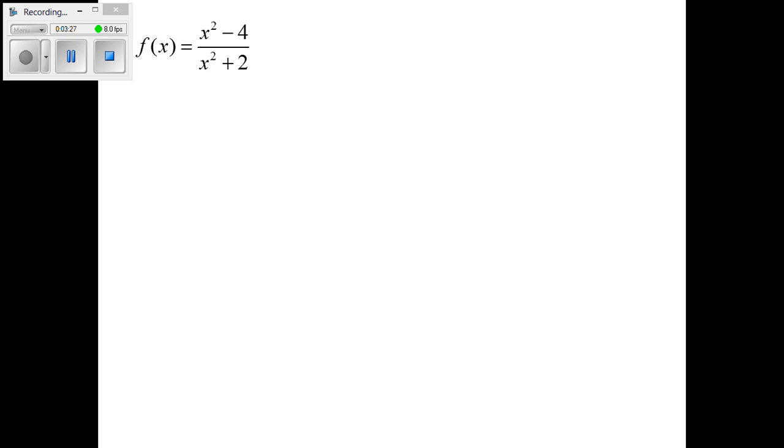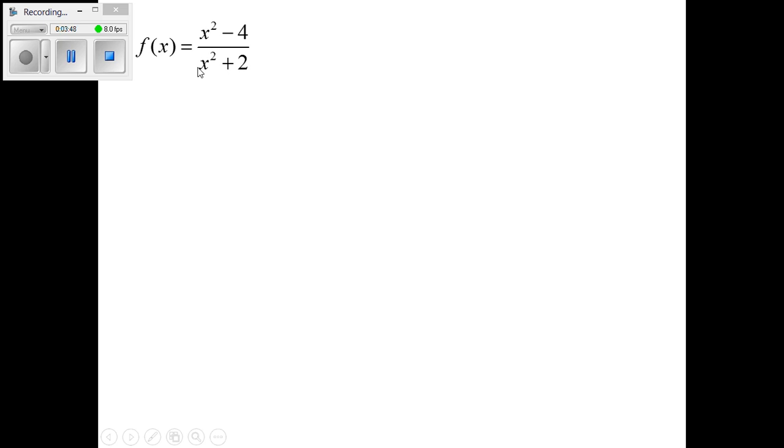So that means there's no vertical asymptote. That means that this function has no interruptions. It's defined for all values of x. Okay? It's kind of a unique rational function to that extent, in that there is no vertical asymptote.